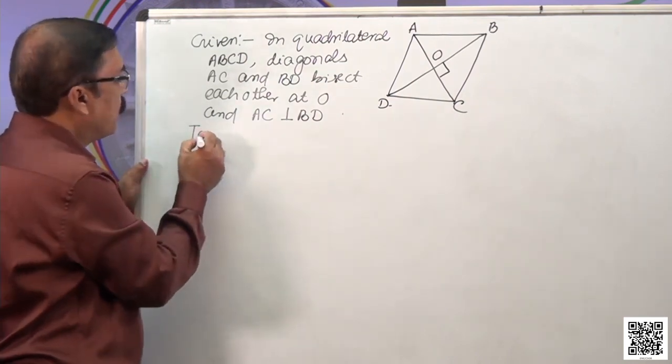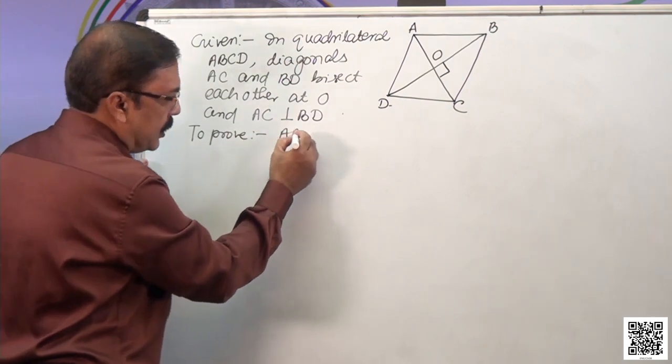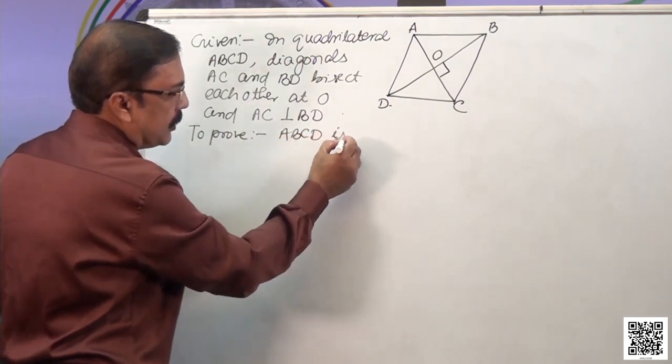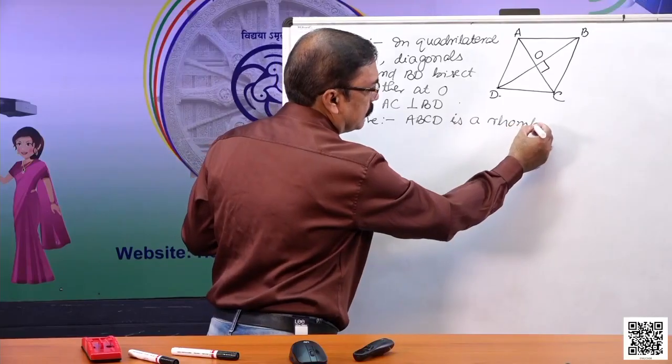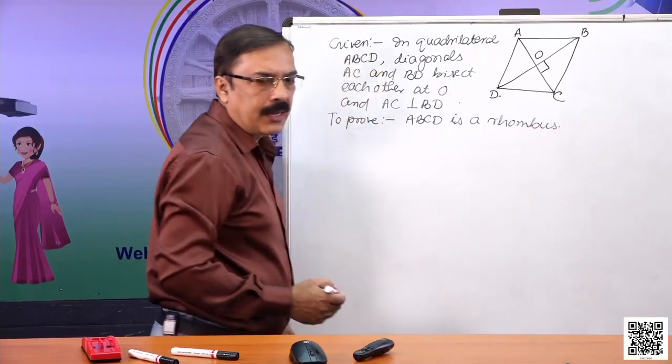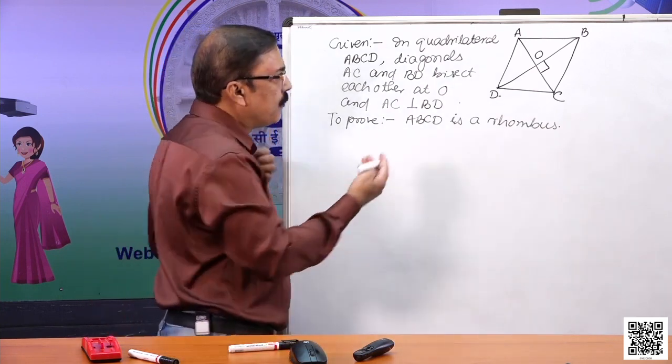We have to prove that ABCD is a rhombus. Okay. In this case, you see how to prove.